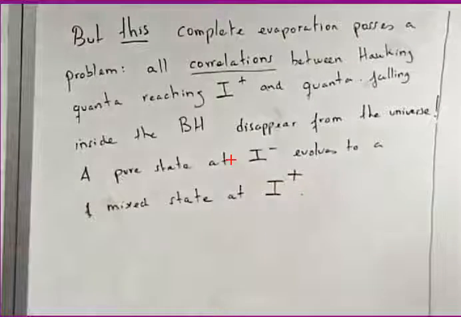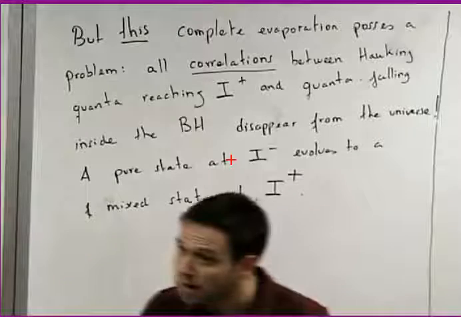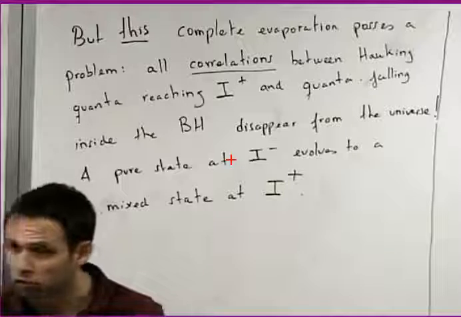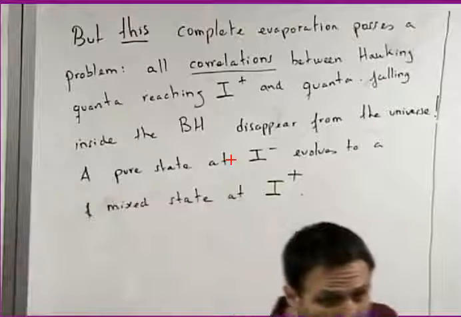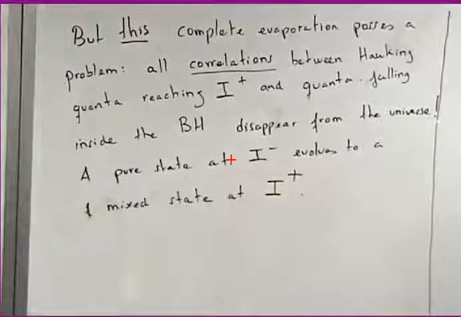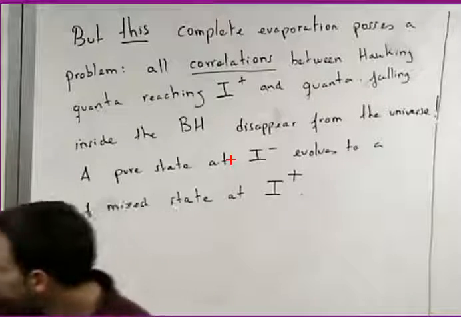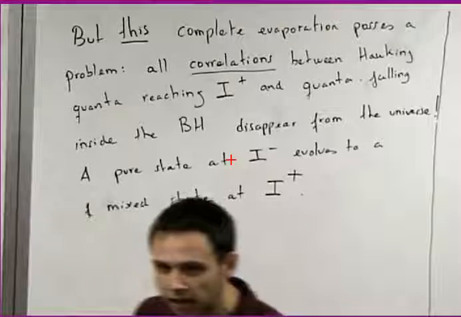The black hole is not there anymore. If the black hole is there, you can say that the information, the correlations, are inside the black hole. But the black hole has evaporated. It's not there anymore. There is no place where to hide the correlations. So you start from scri minus, you go to scri plus, pure state initially, you have a mixed state finally.